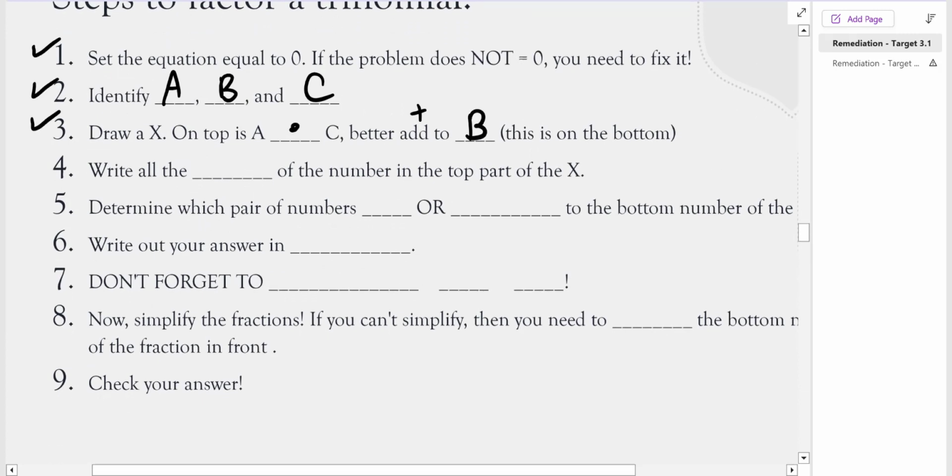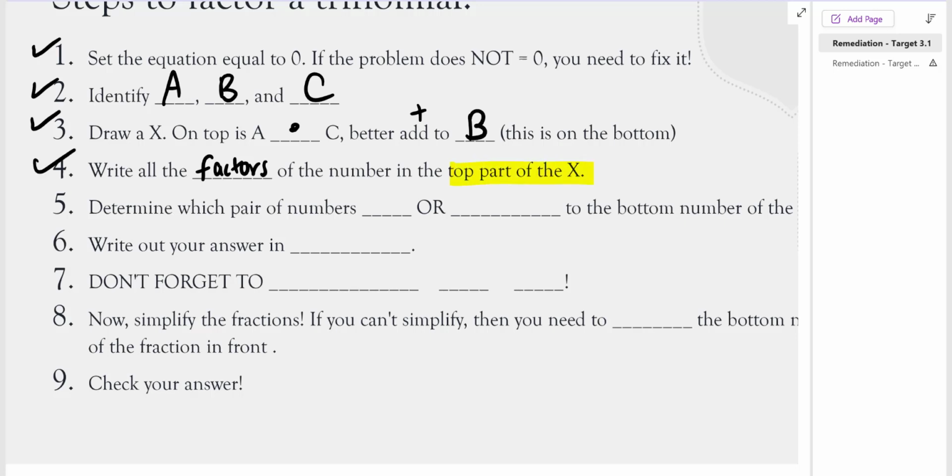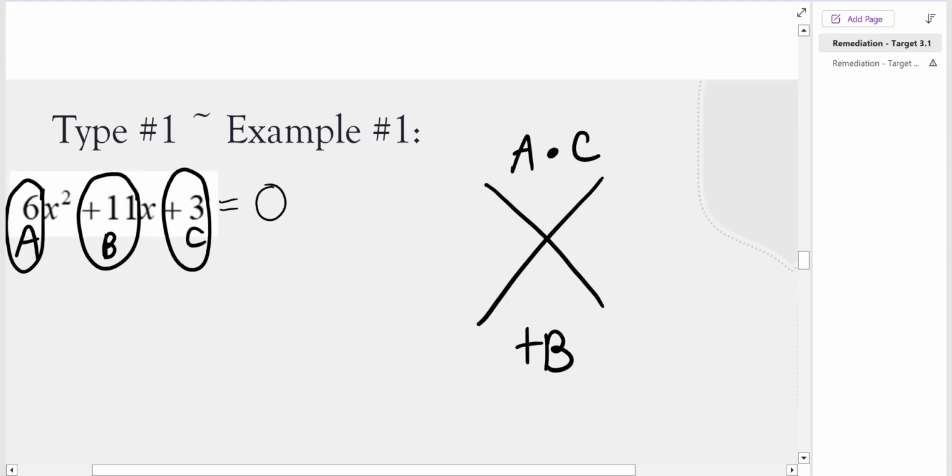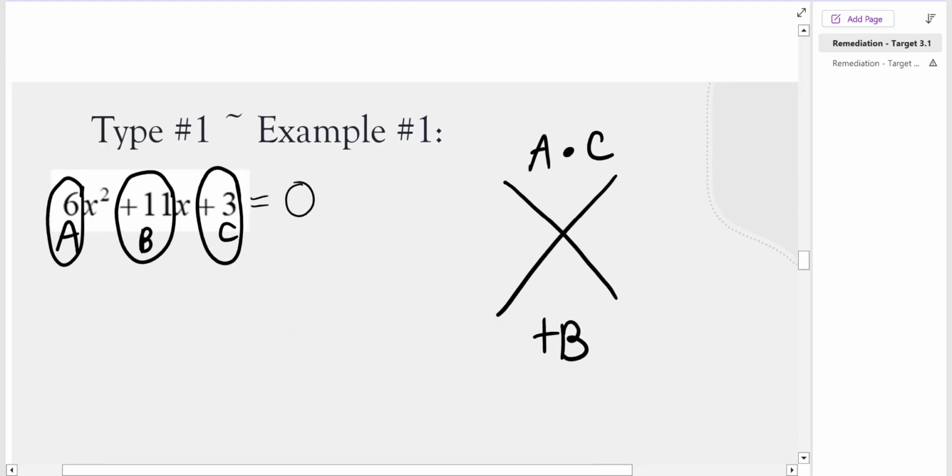Okay, so we've done step 1, step 2, step 3. Now step 4, you need to write all the factors of the number in the top part of the X. Okay, so we're going to do that right now. The number that's on the top part is A times C. So A times C, 6 times 3 is 18.